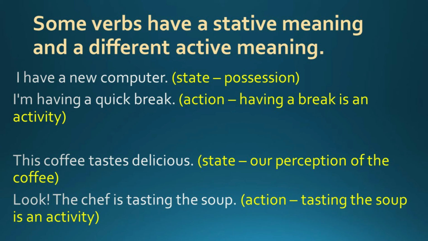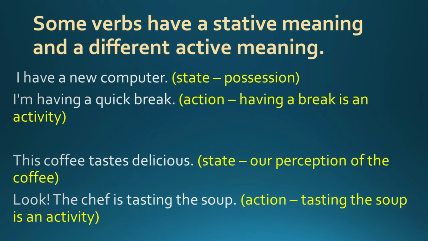However, some verbs have a stative meaning and a different active meaning. So some verbs play a dual role. For example, I have a new computer. Here, have is used for possession. On the other hand, I'm having a quick break. Here, it means having a break in an activity.